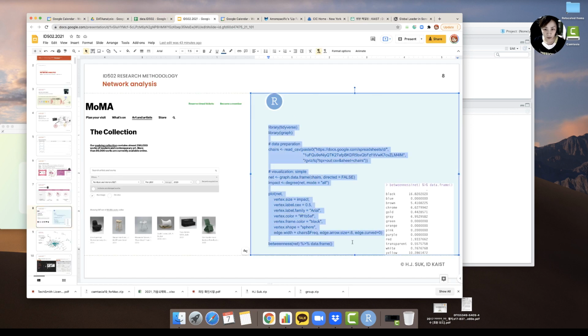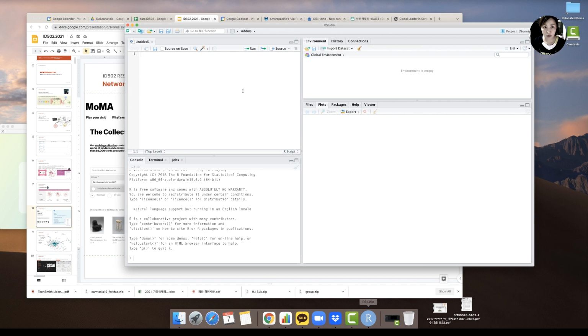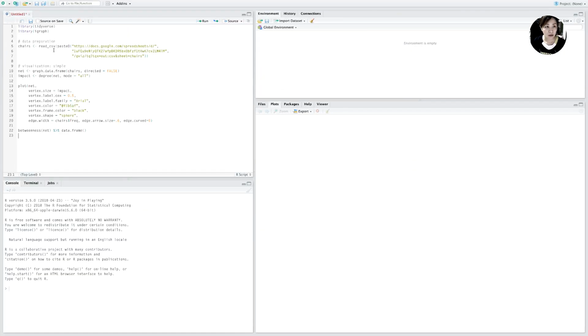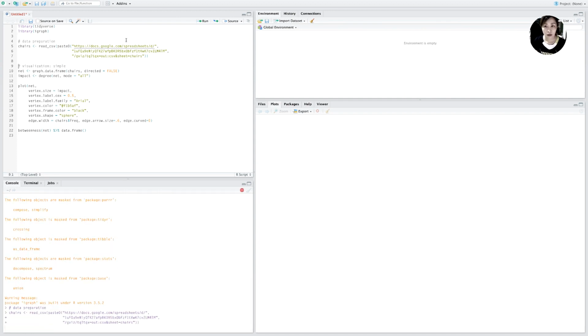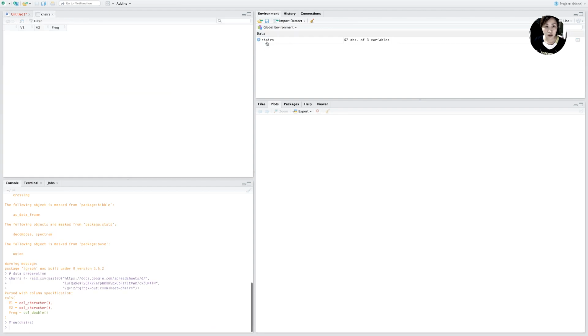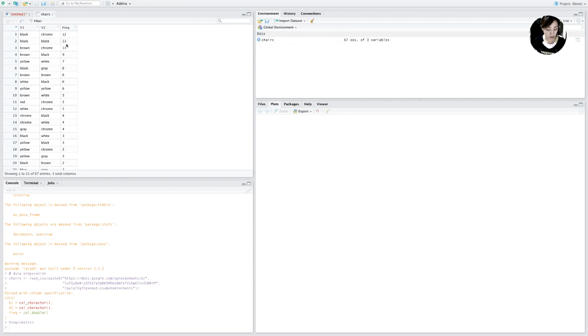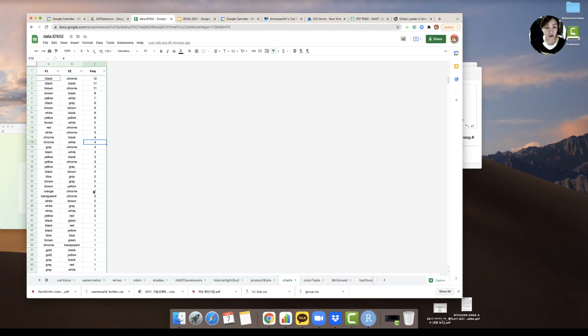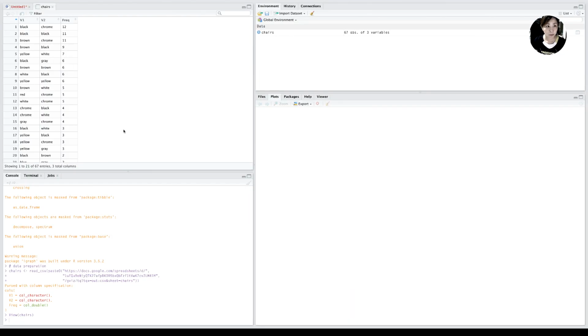If you copy this data and use R, then you can simply paste it here. Okay, so the chair data were retrieved, and these chair data are actually the identical data here, which is updated in real time.